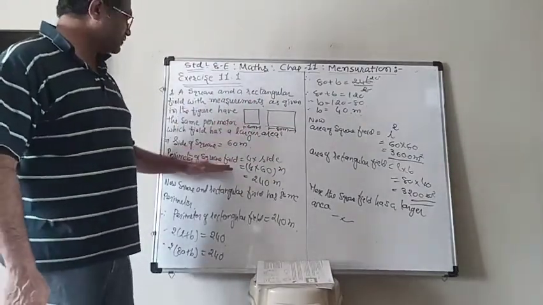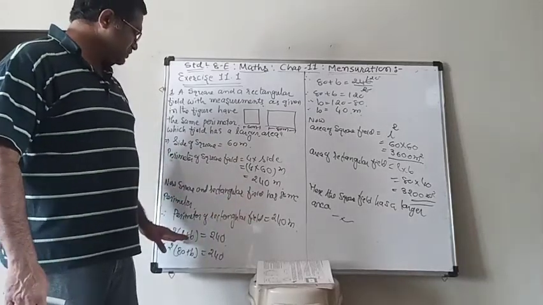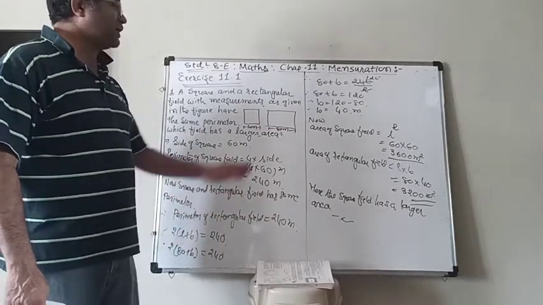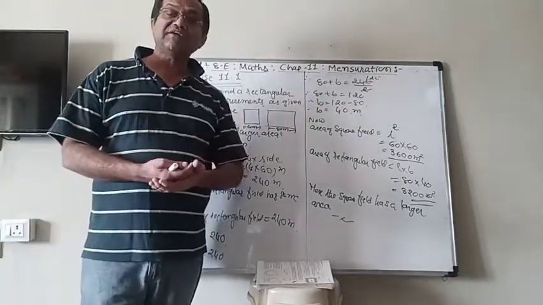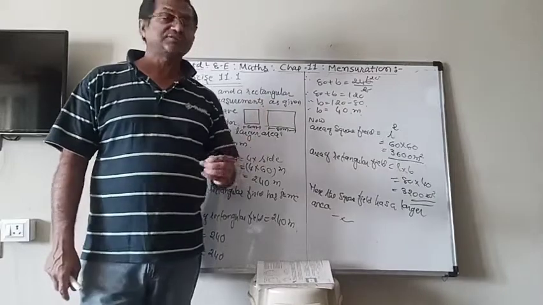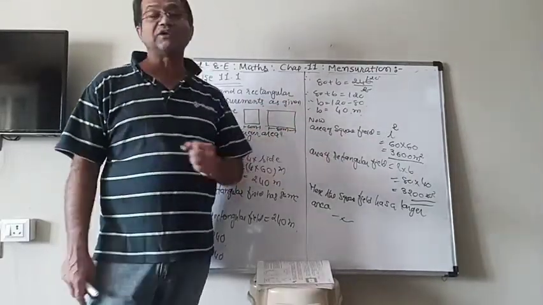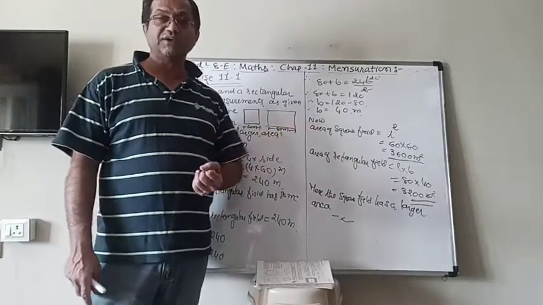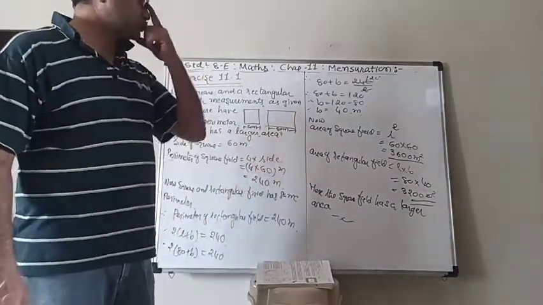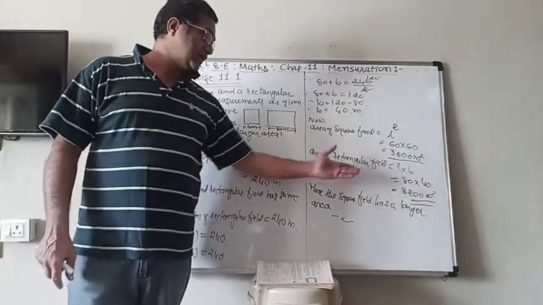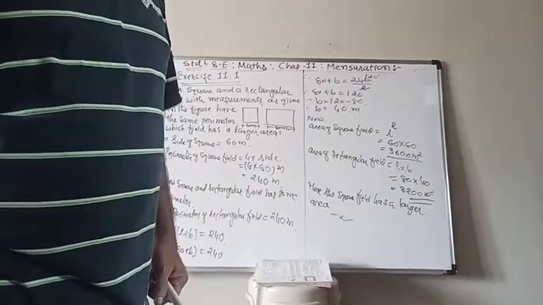And from the perimeter of the rectangle, 240 meters, we used the formula to find the breadth of that rectangle. And then we found the areas of both the square field and the rectangular field using the formulas. And then we can compare that the area of the square field is more than the area of the rectangular field.